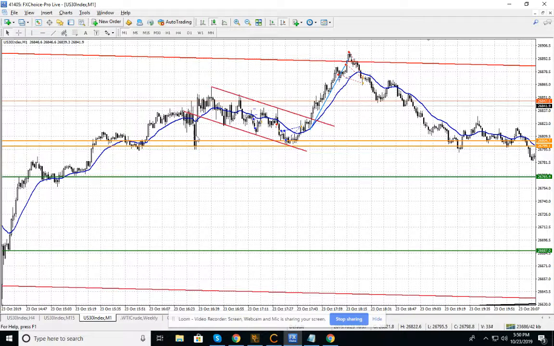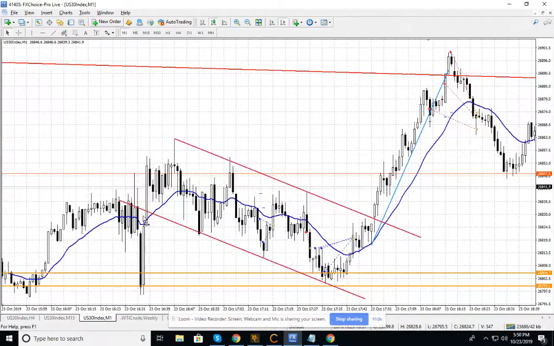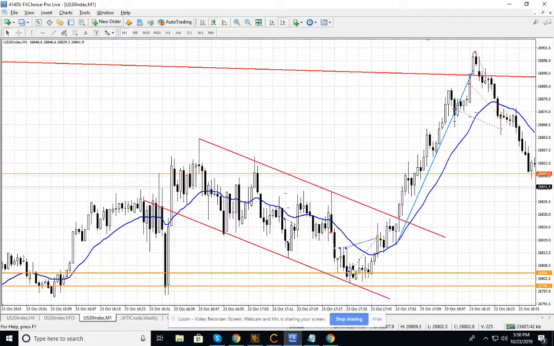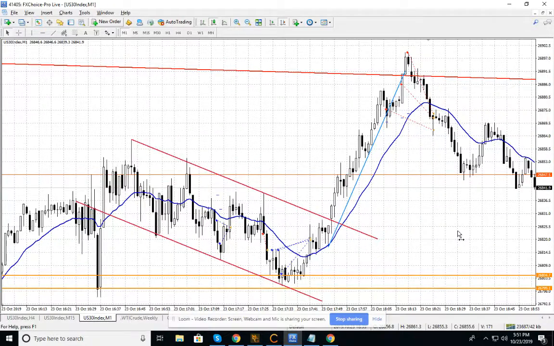You see, you had this bounce here. Let's make this a little larger. I took a long here, a couple of longs, a scalp short. I scaled into another long, and then we broke out.